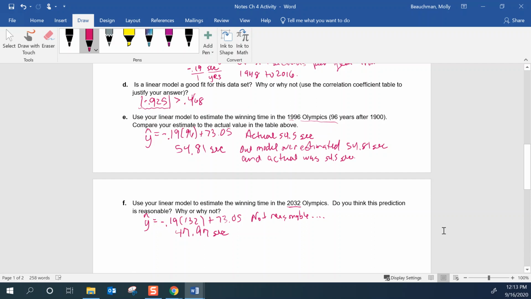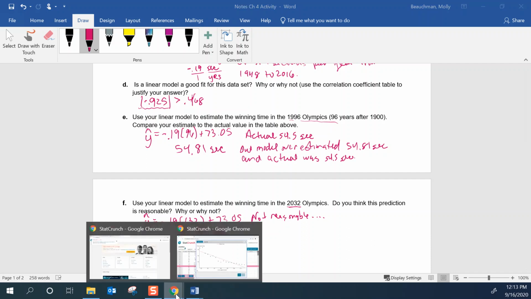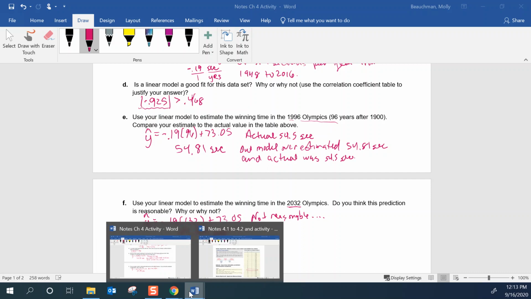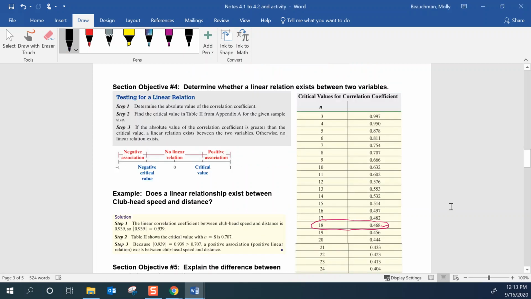All right, last item that we're going to look at is, what if your line is not a good fit? What if you can't plug the value in and use your line to predict? This will happen sometimes, that you look at your data and you end up with a line where the linear model just doesn't fit. So you can't use the line to predict.